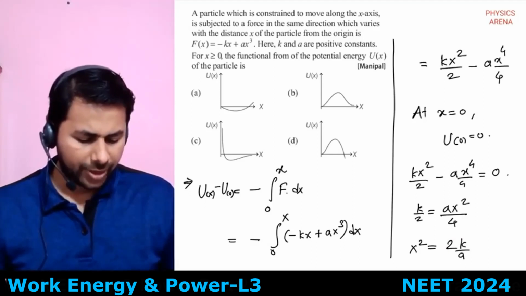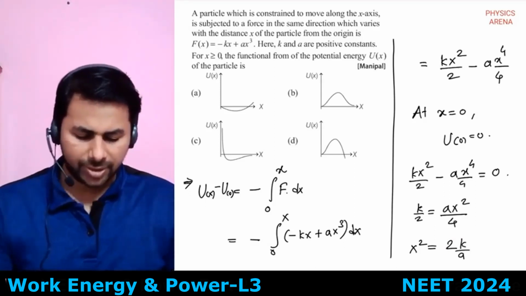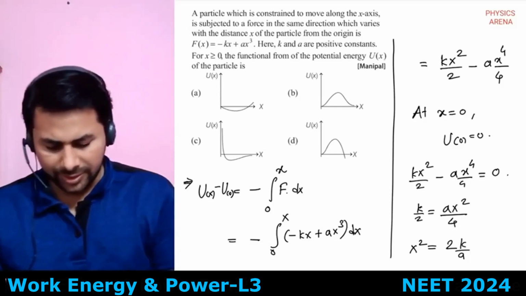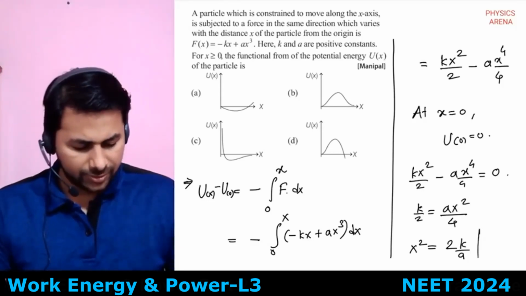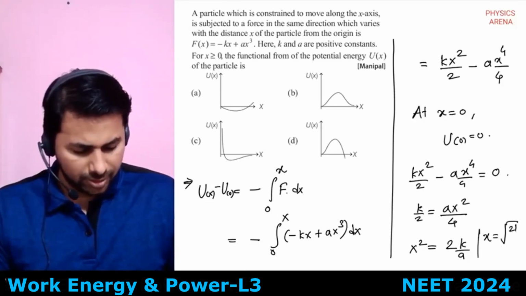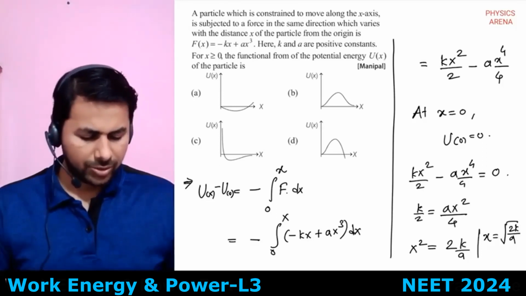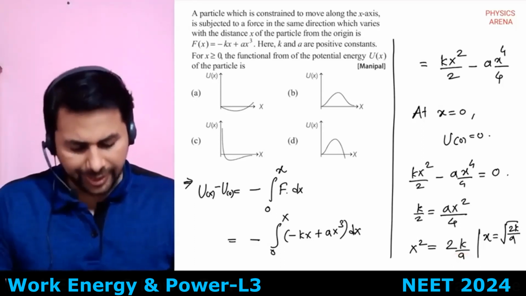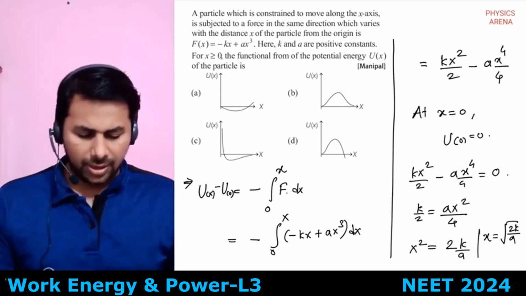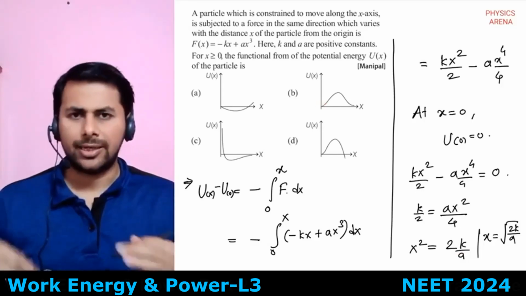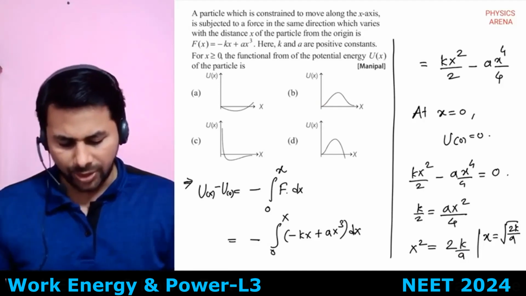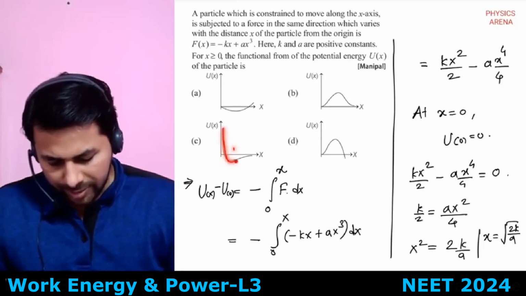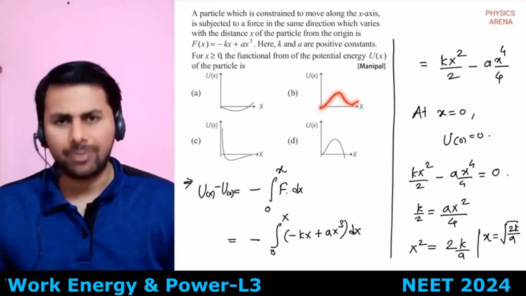At that point, the potential energy again becomes 0. So at x equal to square root of 2k upon a, the potential energy again becomes 0. That means the potential energy will be 0 at 0, and there will be another point where it will be 0. So it doesn't become 0 in this graph as well as in this graph.